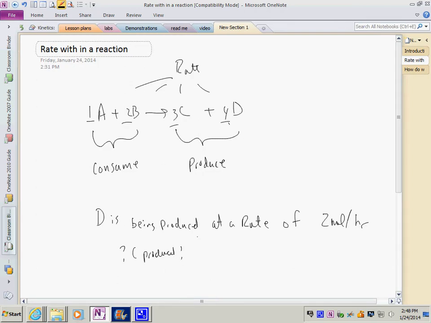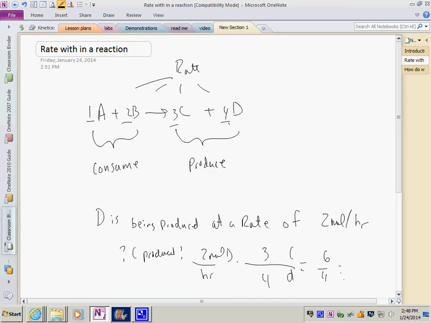Okay. Now, if 2 moles per hour, they might say, okay, what rate is the C being produced? I would simply say, okay, 2 moles per hour, and this is of the D. Factor label or unit analysis, get rid of the D and go to the C, and for every D you also produce 3 C's. 2 times 3 is 6. 6 divided by 4 will be 6/4.